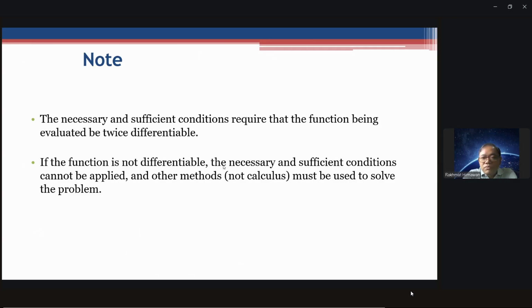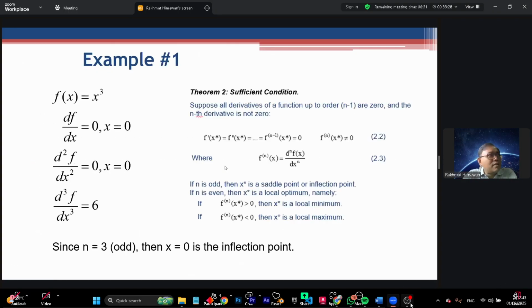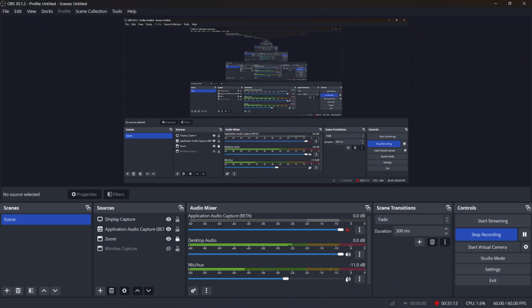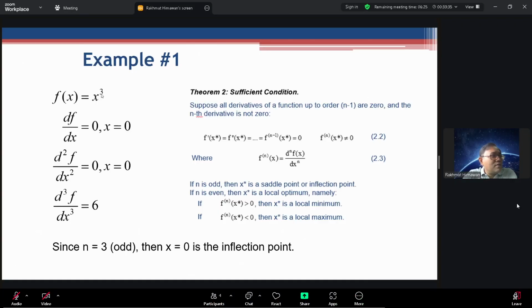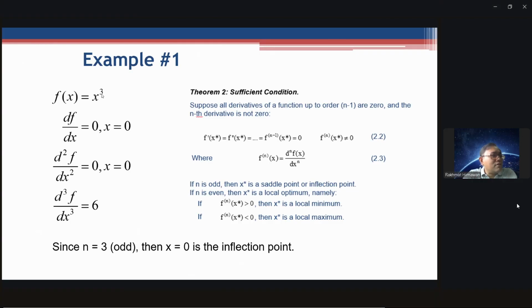So let's go to one of the examples, the simplest one. f(x) is equal to x cubed, the power of 3. Let's find out all the stationary points.